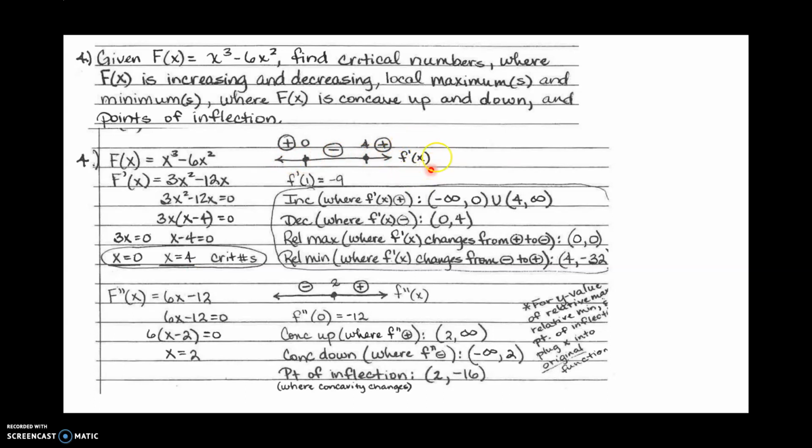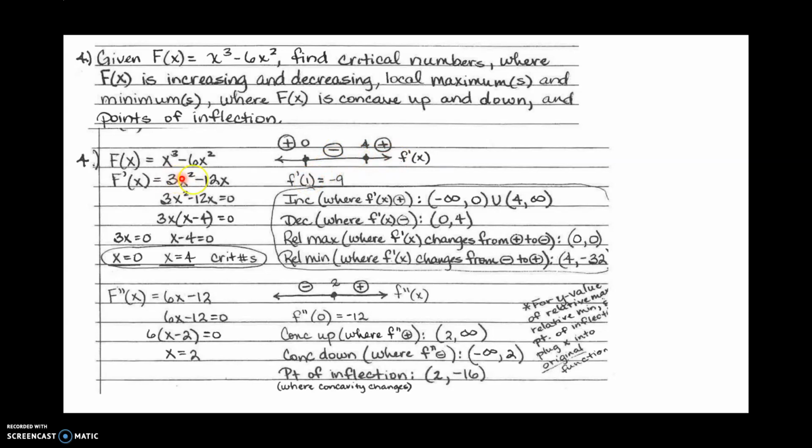Good idea to label it here just to keep up with it. I'm going to plot my critical numbers of 0 and 4, and then pick a test point. I'm going to pick positive 1. If I'm trying to figure out where the first derivative is positive and negative, I plug that test point into the first derivative.